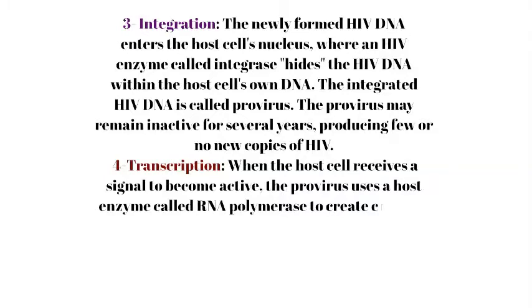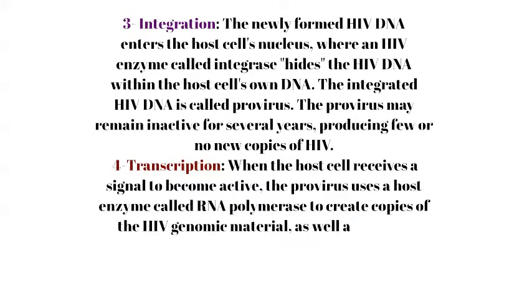So in transcription, the host cell receives a signal to become active, so the proteins that are needed for a new virus to be formed are produced. The provirus uses a host enzyme called RNA polymerase.